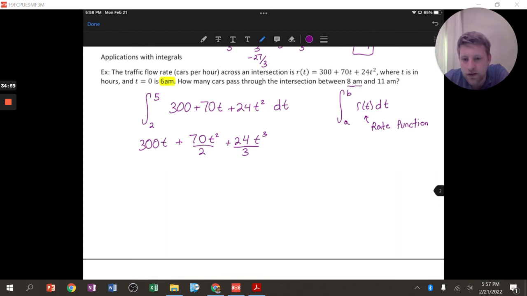Certainly we can go ahead and simplify this a little bit before we go to evaluate. So we'd have 300t plus 35t squared, and then plus 24 over 3 would give us 8t cubed. So we can go to evaluate this from those endpoints 5 and 2.